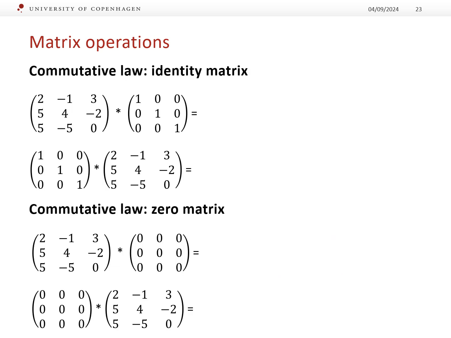Here we have a matrix A being multiplied with its identity matrix as A times I, and then as I times A. Below we have matrix A being multiplied with a zero matrix Z as A times Z, and then Z times A. Please take some time to verify by hand if the commutative law applies in these cases, and you should pause the video while you do it.